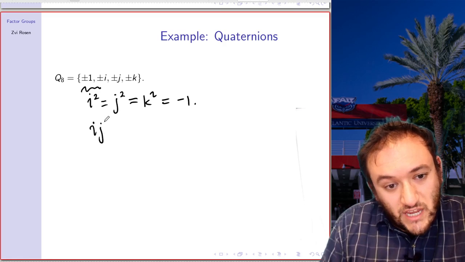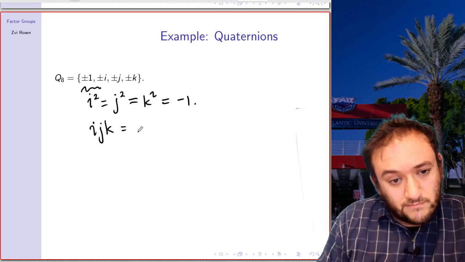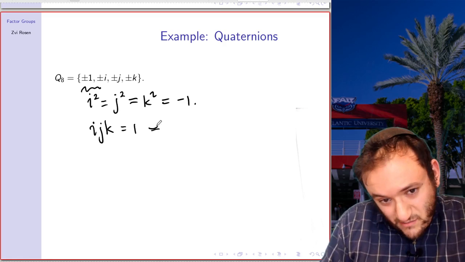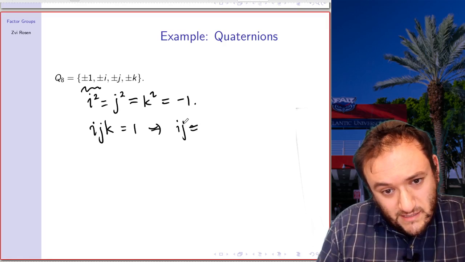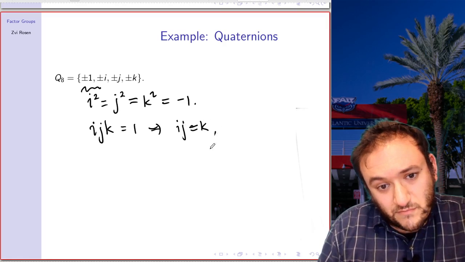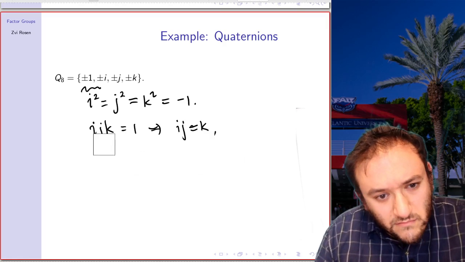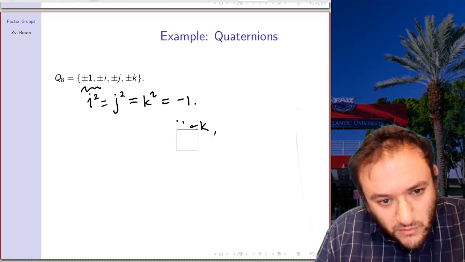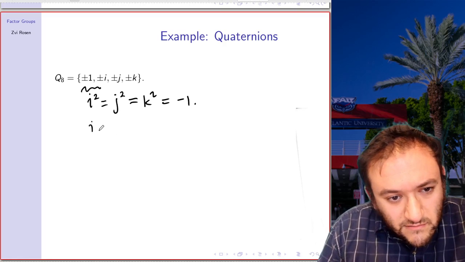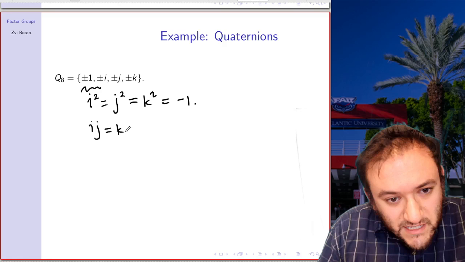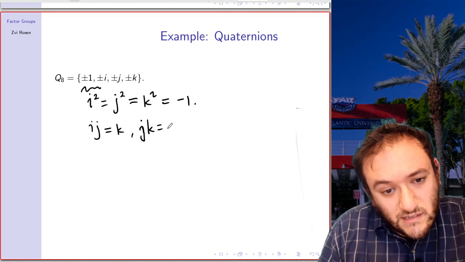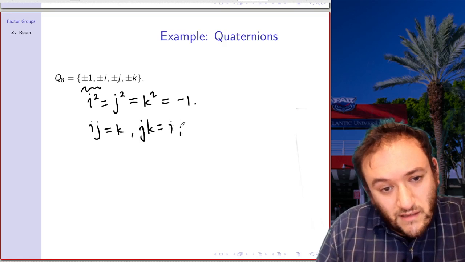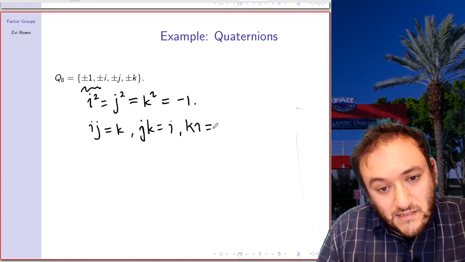And ijk should be equal to minus 1. Let's just take ij equal to k, jk equal to i, and ki equal to j.